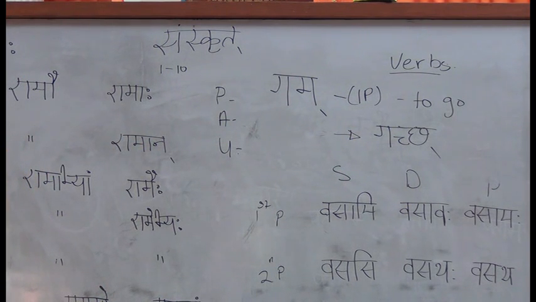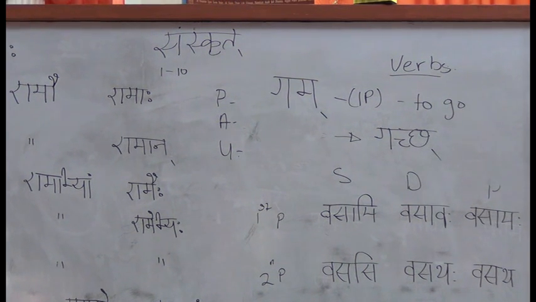So far we have done 3 verbs: pat, vas, and now we are doing gam. Here is where you clear up all the questions in your mind, because when you go home and do homework, it reflects.